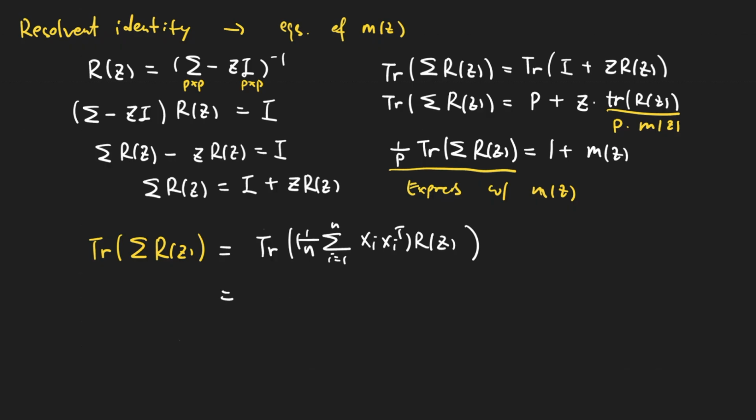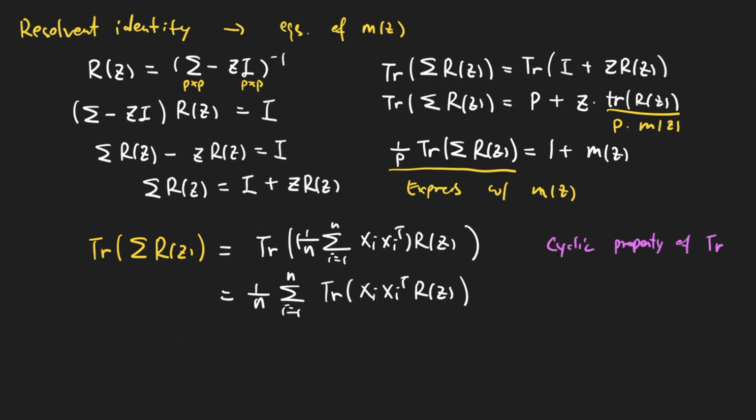So that just becomes 1 over n times the sum of the trace of xi transpose R of z. So now we can actually use the cyclic property of the trace, right? The cyclic property is saying that the trace of A times B times C equals the trace of B times C times A, right?